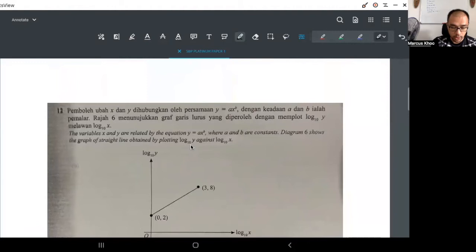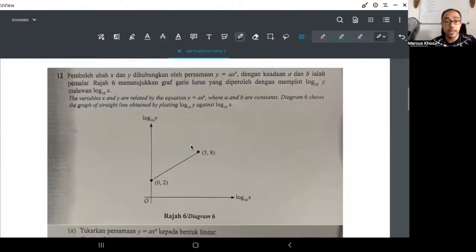Okay, question number 12. The variables x and y are related by the equation y equals ax to the power b, where a and b are constants. Diagram 6 shows the graph of a straight line obtained by plotting log 10y against log 10x.